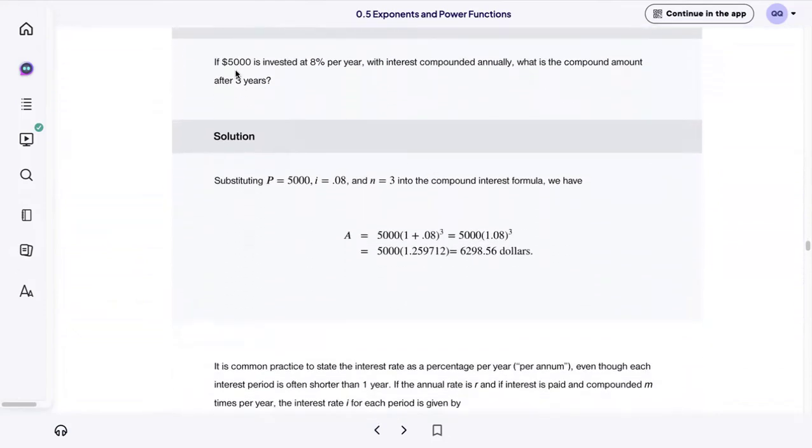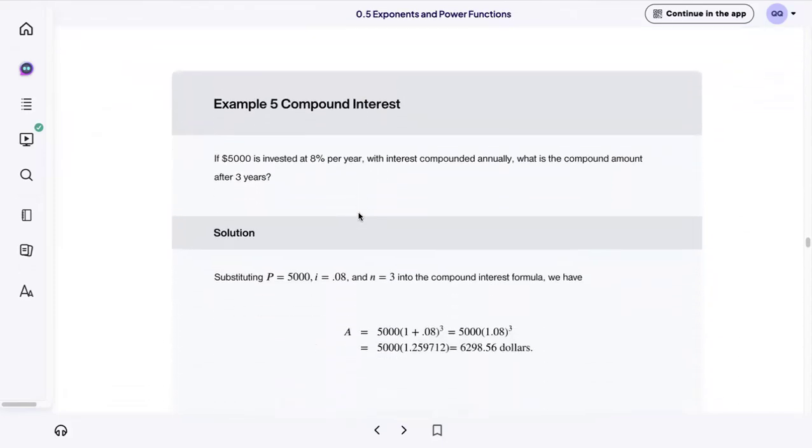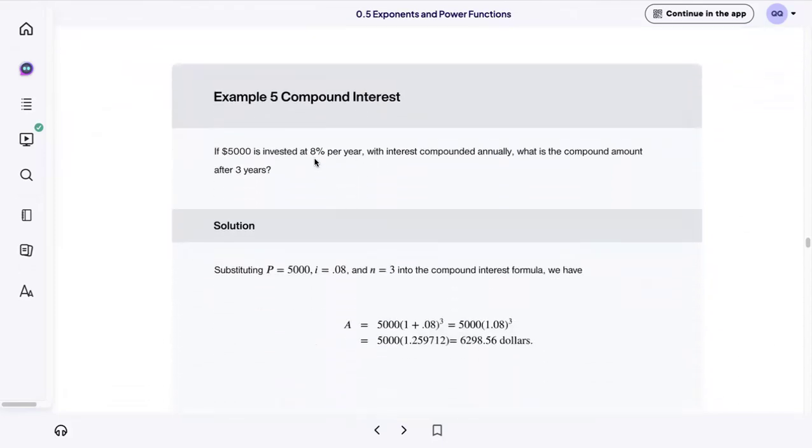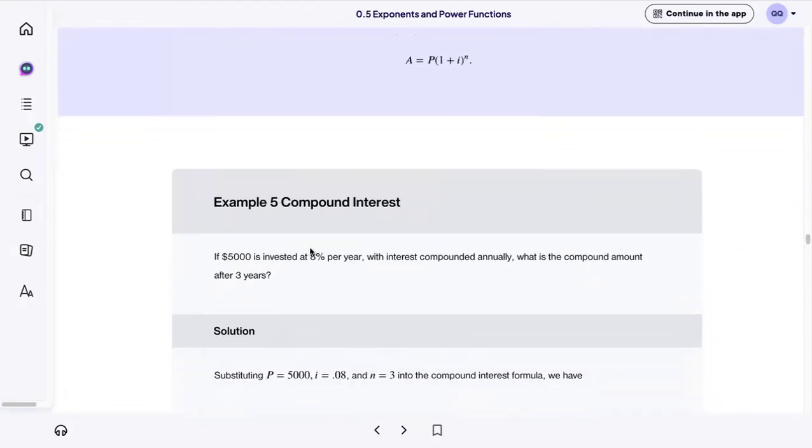If you deposit 5,000, 5,000 is the P in the formula, invested at 8% with interest compounded annually. Compounded annually means I just equals 8%. So what is the compound amount? I, in this case, is 8% because it's annually.